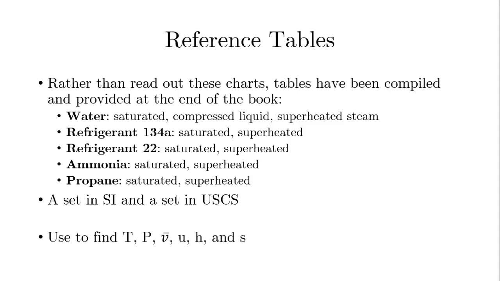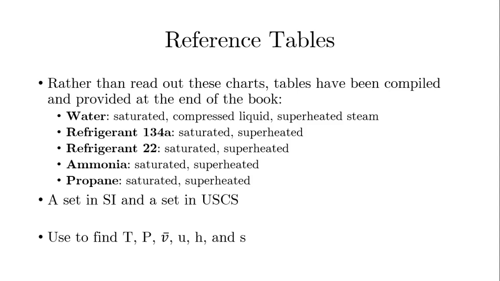The book was able to compile tables for you, which I think is better. I think that's why they do it, because you can have a wider range of pressures and temperatures, for one, and two, it makes for much easier reading rather than having to pinpoint a point on the chart and guessing what that is.